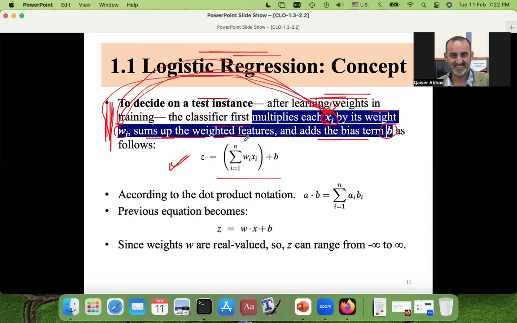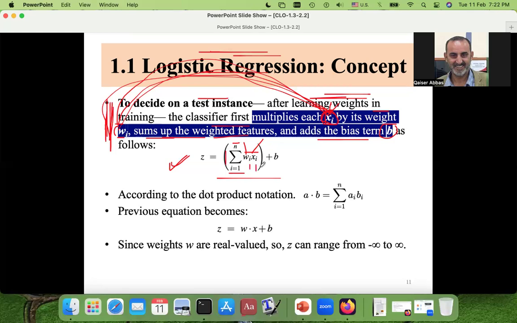Here, this is the weight, and this xi is the input. So if the input is x1 and the weight is w1, then we are multiplying, and then we have a sigma over it, going from i=1 to n, and we can put the values here. First it would be w1 x1, okay, multiply.